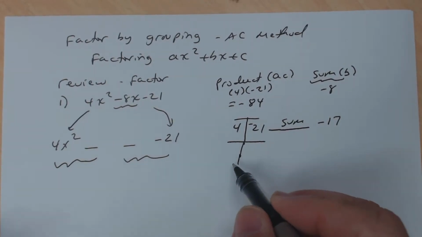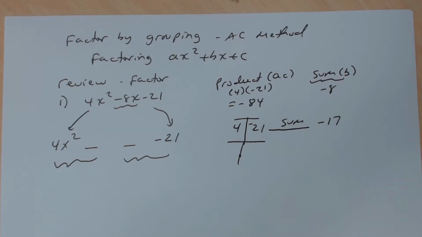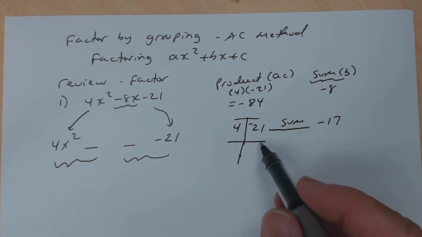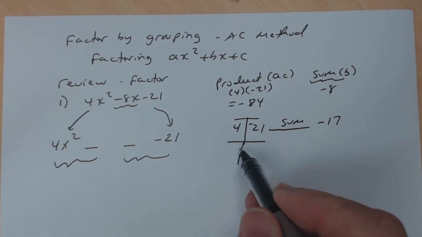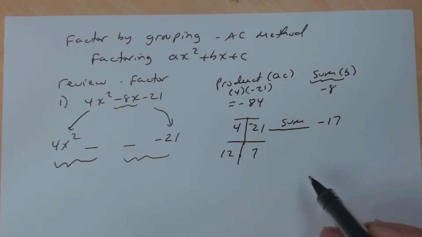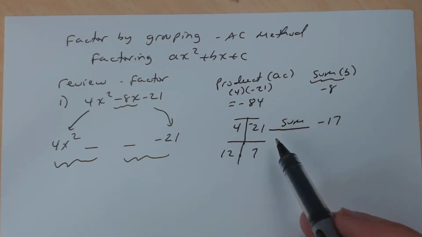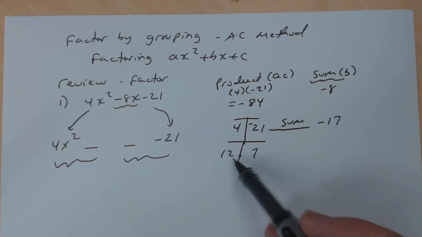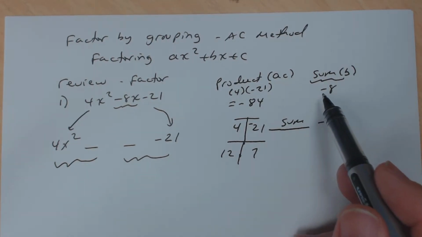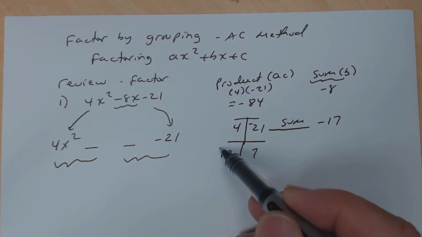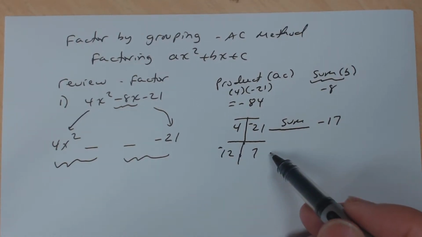Okay, so just be strategic as you go through this. Let's think of factors of 84. If you need to do a factor tree like we did before, then go ahead and do that. So let's say we choose 12 and 7. 12 times 7 is a positive 84, but I want a negative. In order to get the sum to be negative, 12 has to be negative.